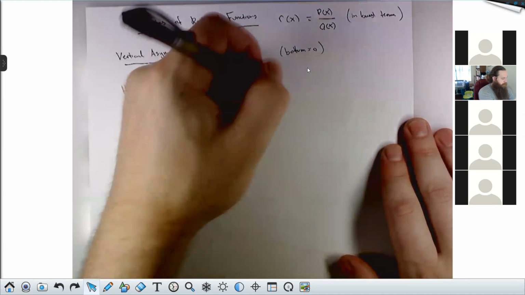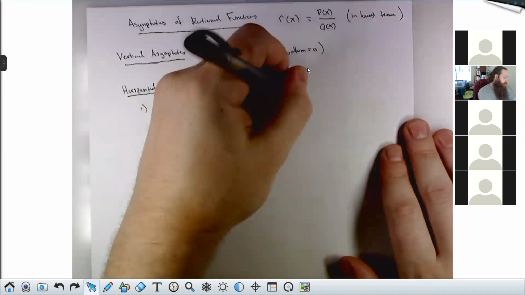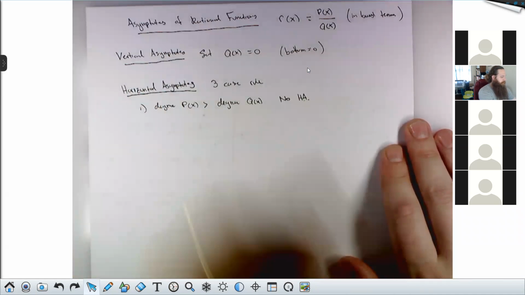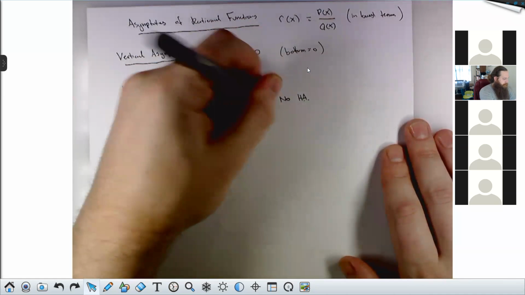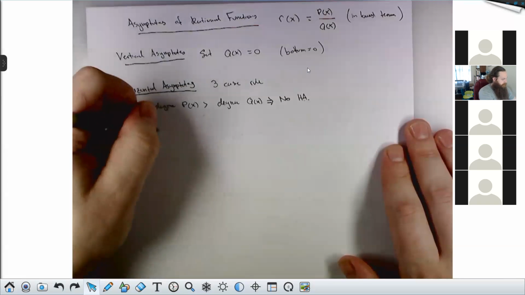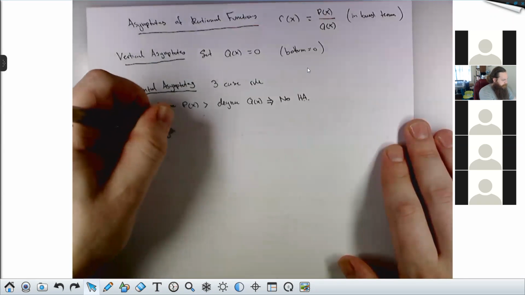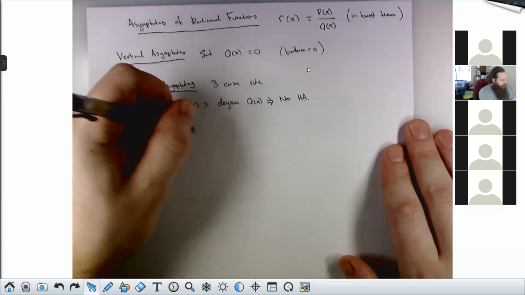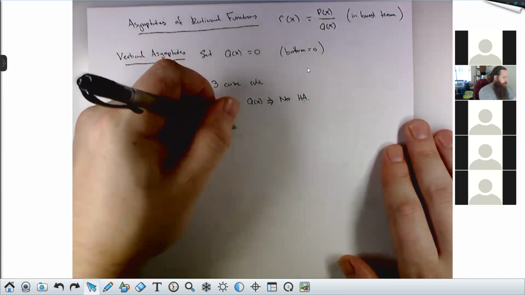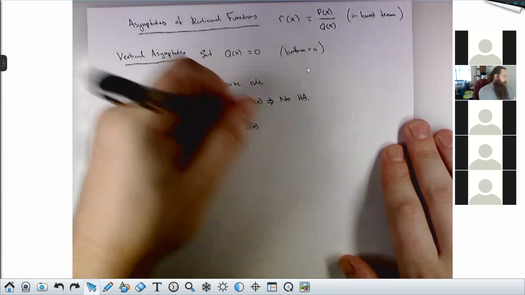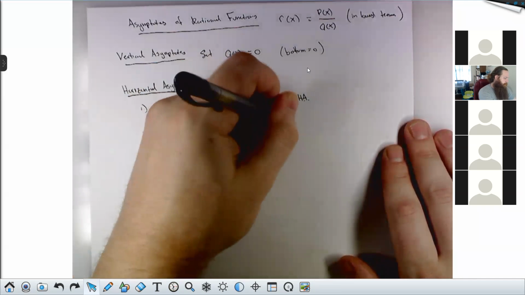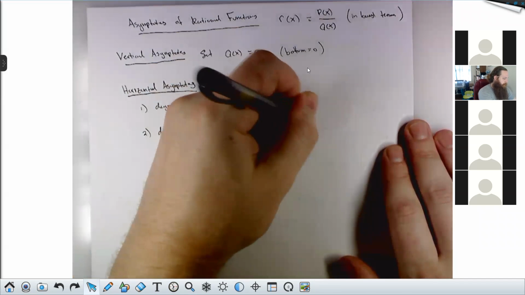And if this is true, then there's no horizontal asymptote. The second case I'll ask you to consider is if the degree of the top is strictly less than the degree of the bottom. And in that case, the horizontal asymptote is the line y equals 0.